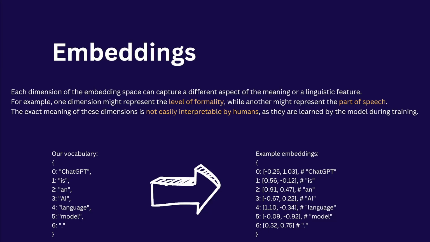So tokens with similar meanings or similar usages will have closer positions in this space, whereas tokens with different meanings or different usages will be further apart. So these numbers themselves do not have a specific direct meaning. Instead, they act as coordinates in a multi-dimensional space, in our case 2-dimensional space, that the model uses to process the language.